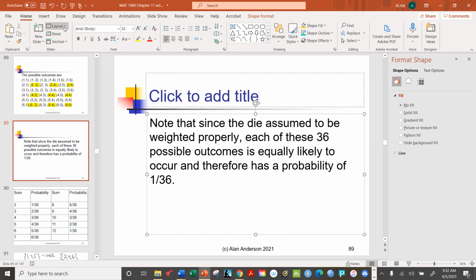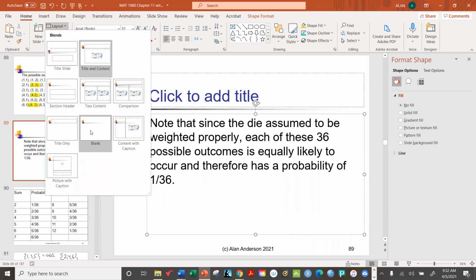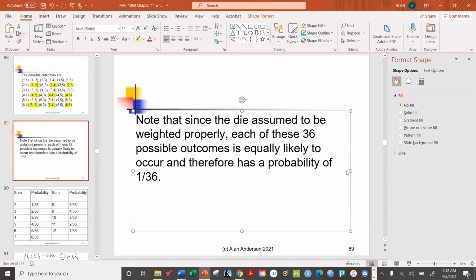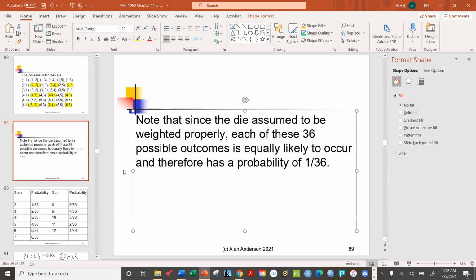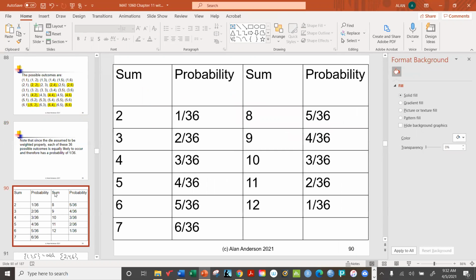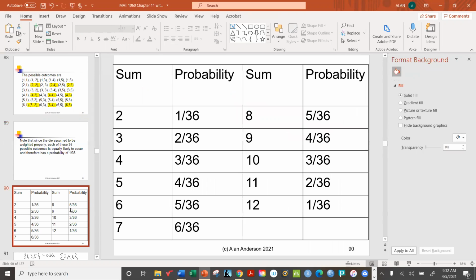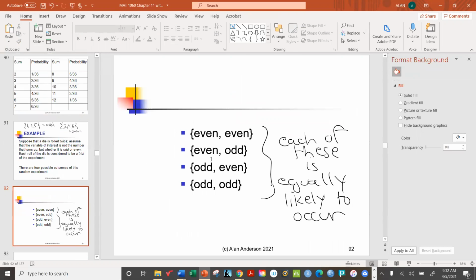Each one is just like it would be no different than picking cards from a deck, except let's say a 36 card deck. So that being the case, that's why, for example, getting any particular combination of these, all you're doing is adding up the number of ways this can happen and dividing by 36. Okay, so that's where this chart is coming from.